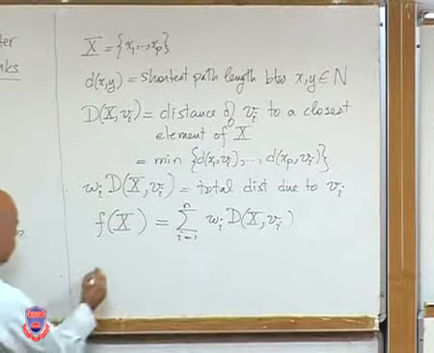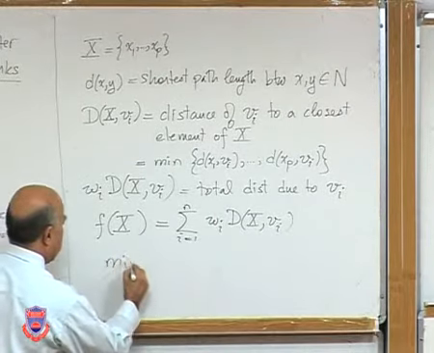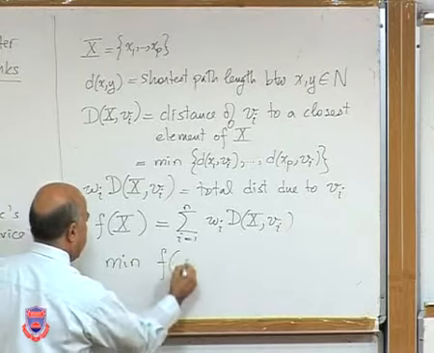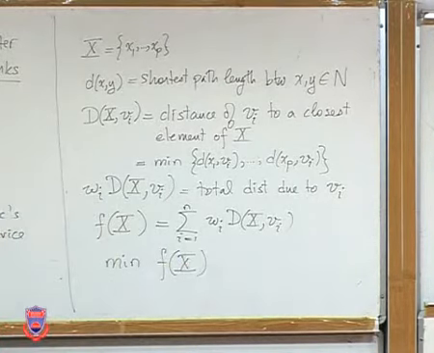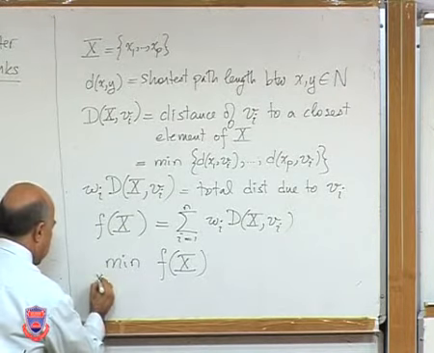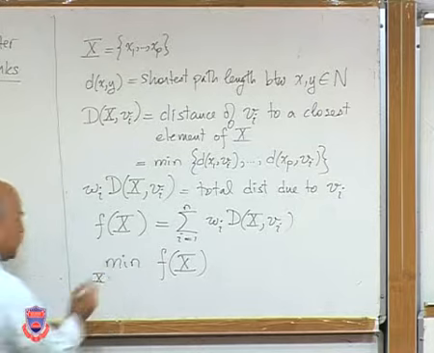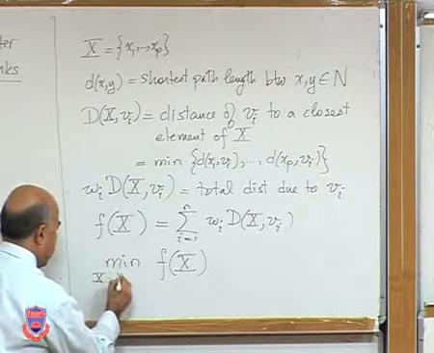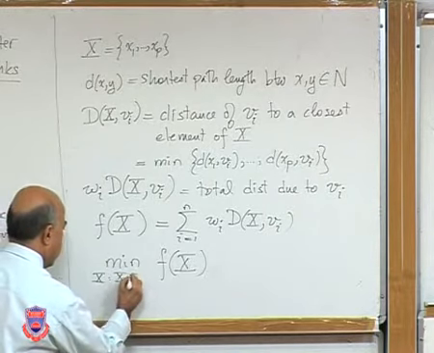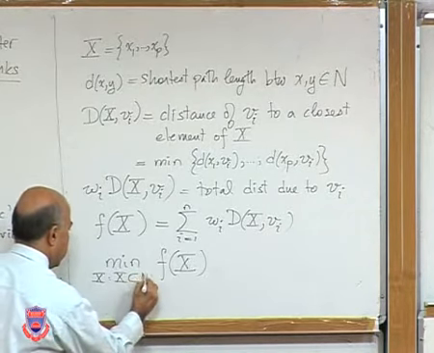The problem is to minimize this total cost as a function of capital X over all X's such that X is a subset of the network.